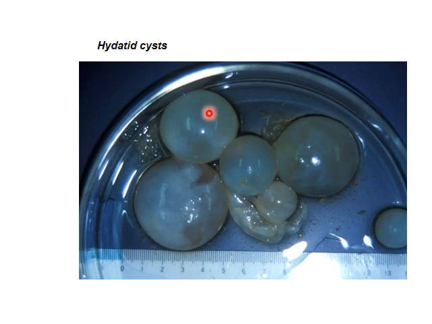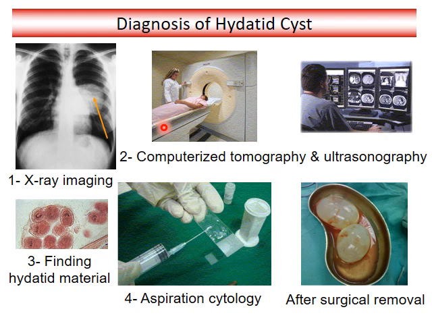As you can see here, many fluid-filled hydatid cysts. These are after the surgical removal. For diagnosis of hydatid cyst, imaging techniques play an important role, like X-ray, CT scan and USG, but also hydatid fluid microscopy can be done, but after the surgical removal.